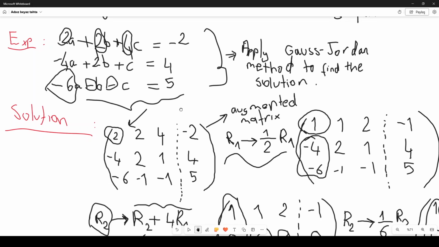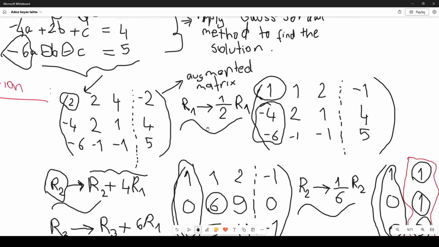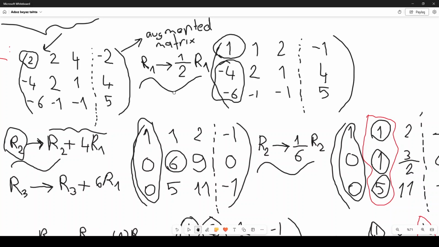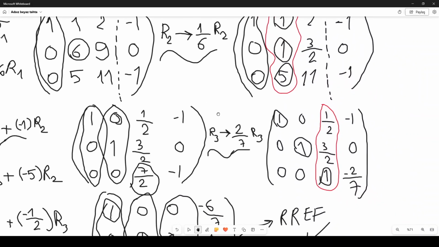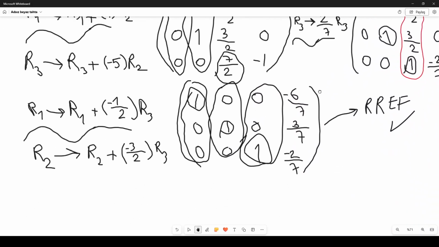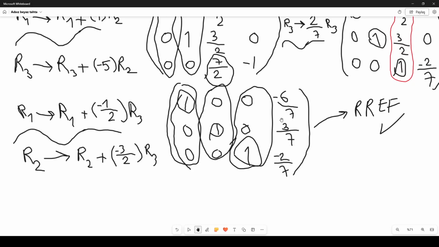We represent our system in the augmented matrix form and then start to apply 3 elementary row operations that we're allowed to perform on this augmented matrix, and then reach a point where we have a reduced row echelon form in the end.